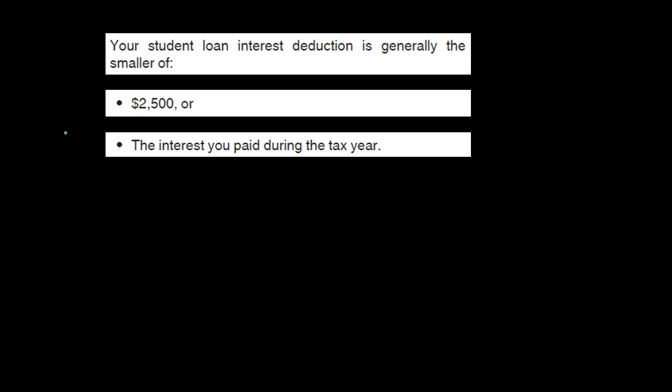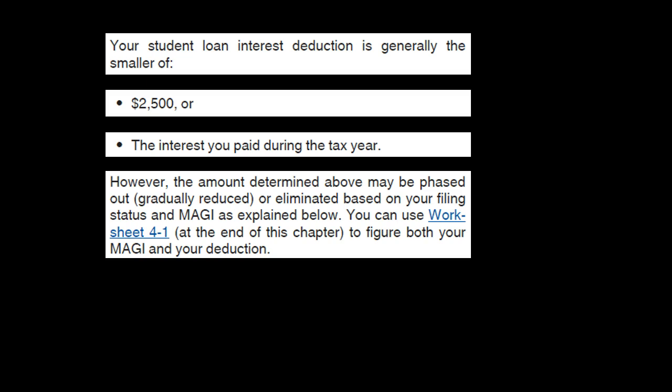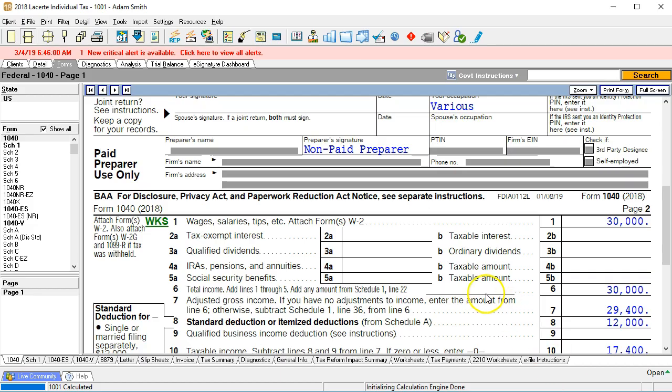Remember that this information will usually be reported to us on a 1098-E. So we'll usually have this information and then can use it to generate or fill out our tax return. Not necessarily the case that we'll have that information with a 1098-E in all cases, but typically we will. Back to the text. However, the amount determined above may be phased out, gradually reduced, or eliminated based on your filing status and MAGI, which is the modified adjusted gross income.